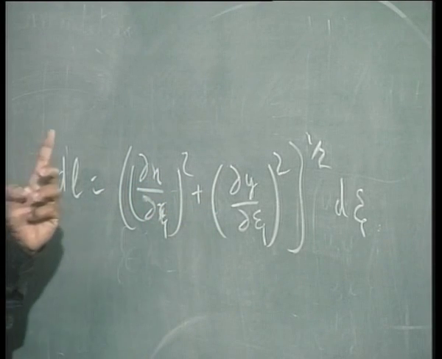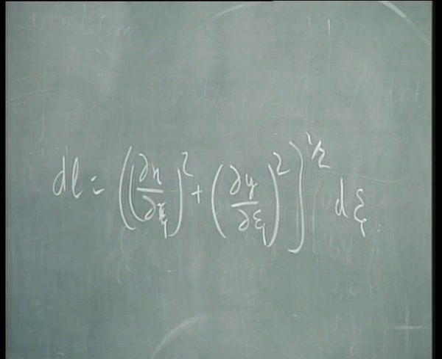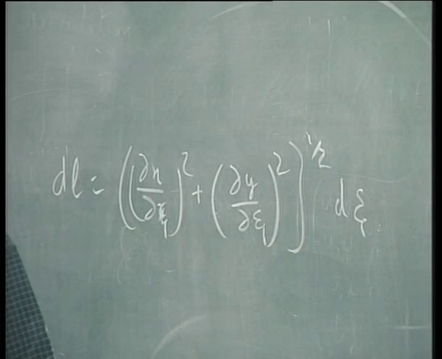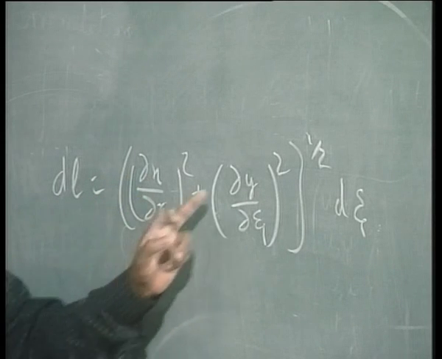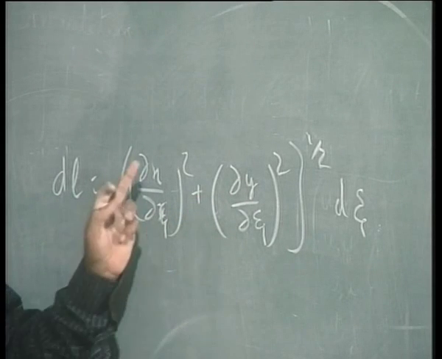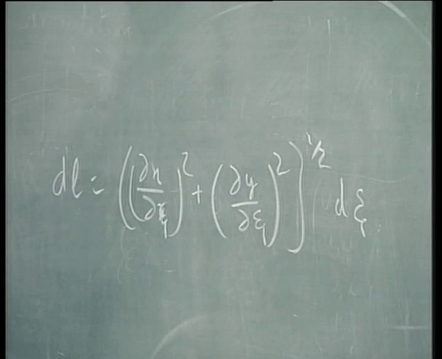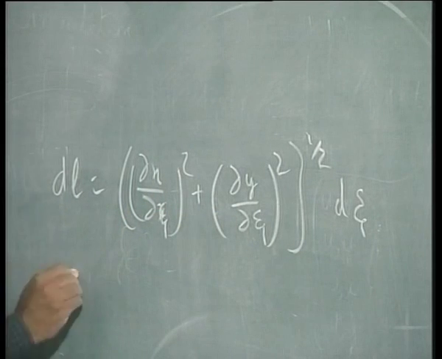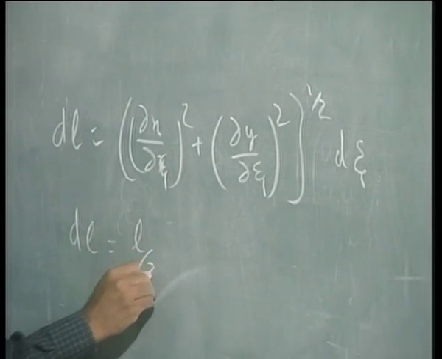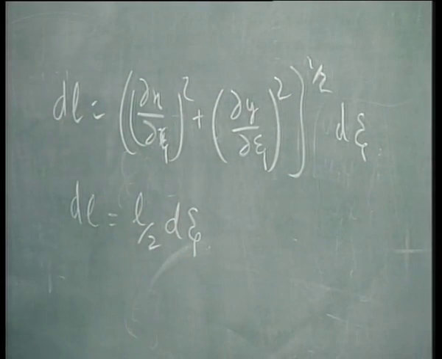That is very simple because I know that this can be written in terms of N's. So, when I now substitute ∂x/∂psi and ∂y/∂psi, where x is equal to N_i x_i, and then simplify this, I get that dl is equal to L by 2 d psi.